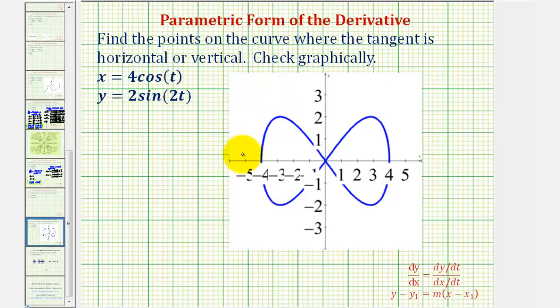Notice there are four points where we'd have horizontal tangent lines here, here, here, and here. And there are 2 points where we'd have vertical tangent lines here and here.